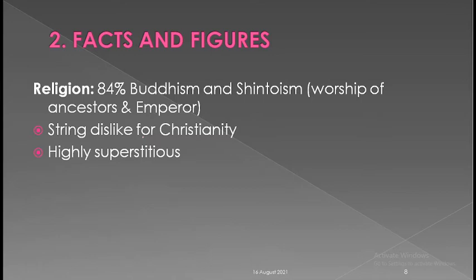And Japanese people are highly superstitious. Let me remind you of one thing. During the Second World War, many Japanese soldiers were killed in Manipur during the Battle of Imphal and Kohima. So you will often hear about Japanese people coming to Manipur to look for the remains of their loved ones.